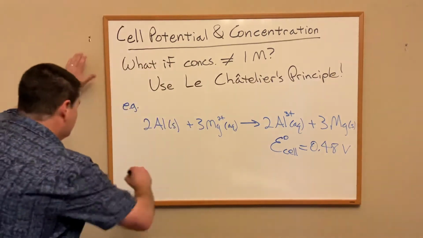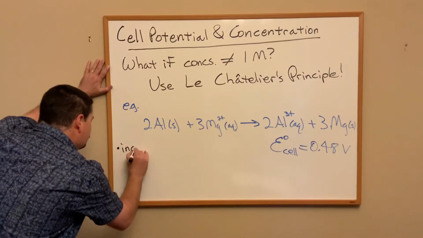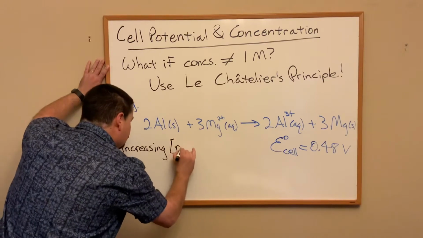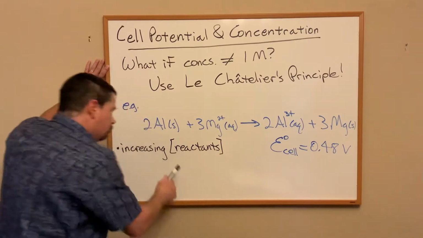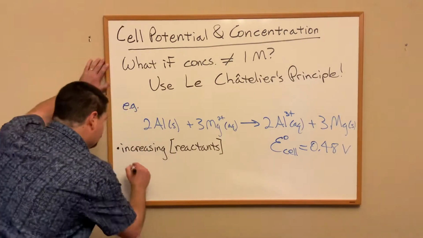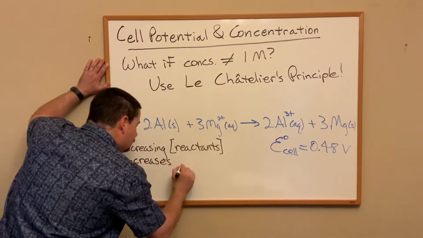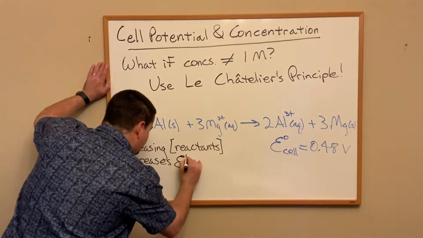So we will say here, increasing reactants, and of course these brackets mean the concentration of reactants. Increasing reactants increases our cell potential, E naught cell.